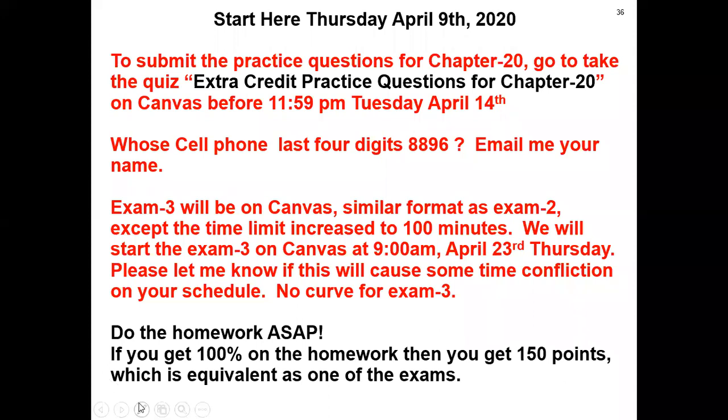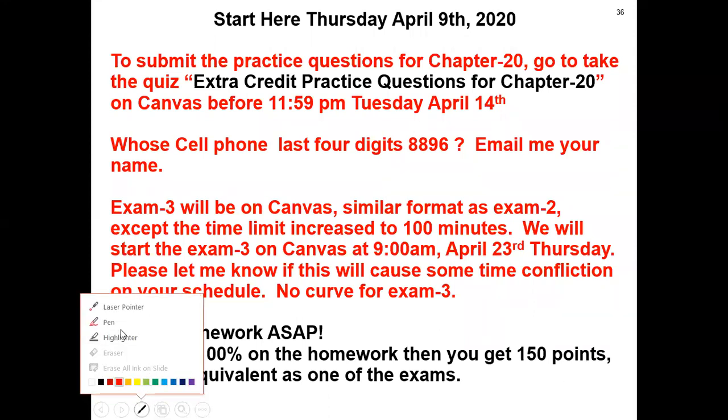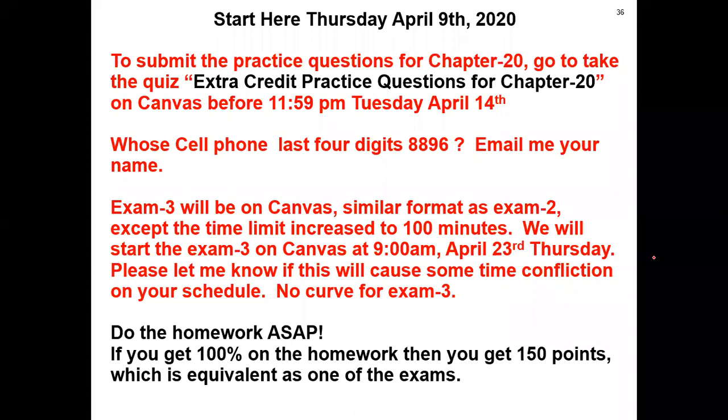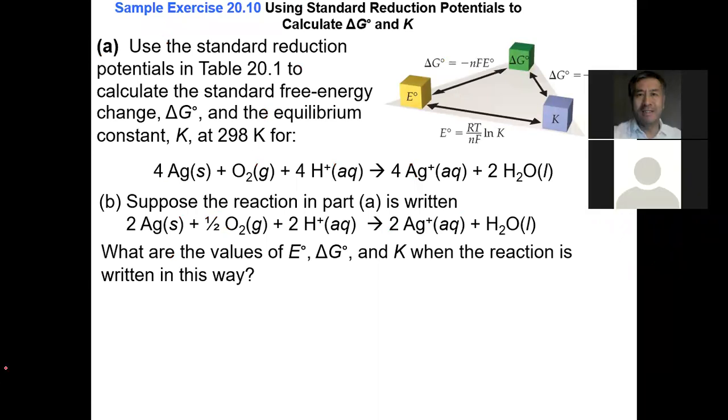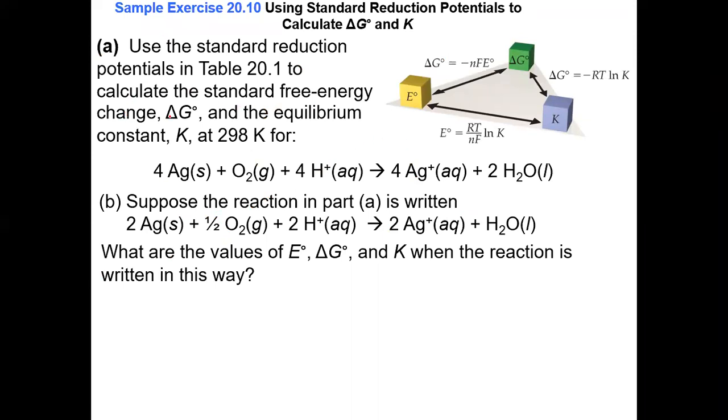So this example has part A and part B. In part A, we want to calculate a few things: the E cell, then delta G 0, then the equilibrium constant K.